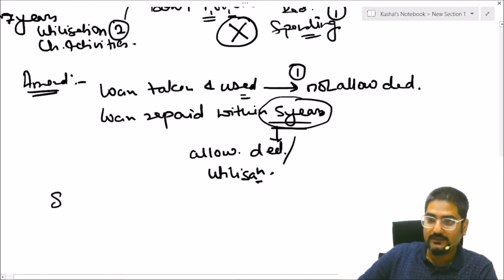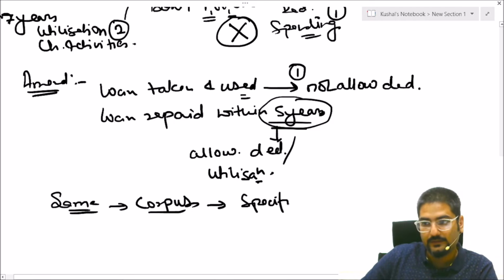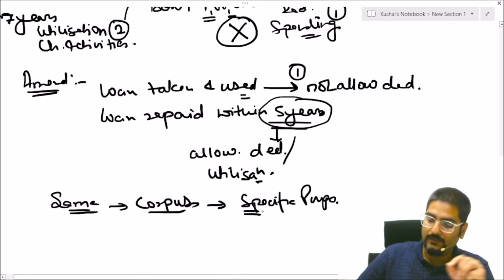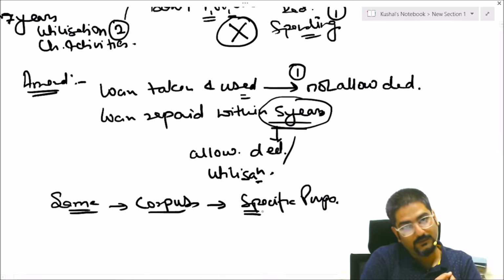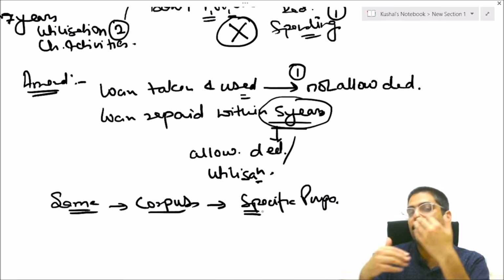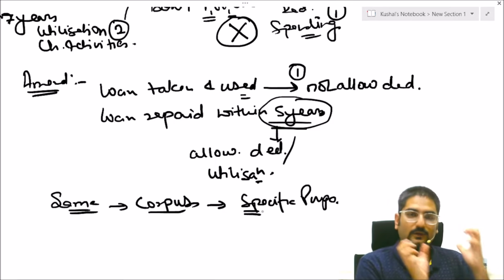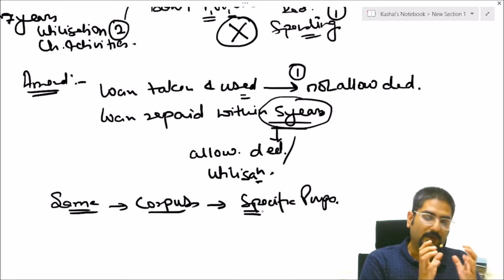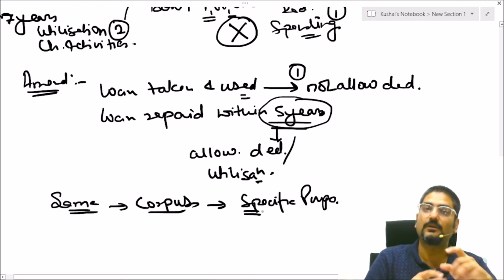And interestingly, the same amendments have also been proposed for obtaining corpus funds for a specific purpose, right? For a specific purpose. Means whenever we obtain funds for a specific purpose, then we create a fund account. And once the fund has been utilized for that particular purpose, then the fund account has to be shifted to the common corpus of the trust within the period of 5 years.